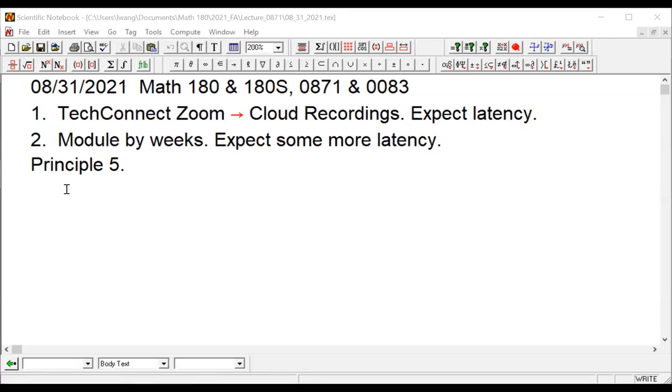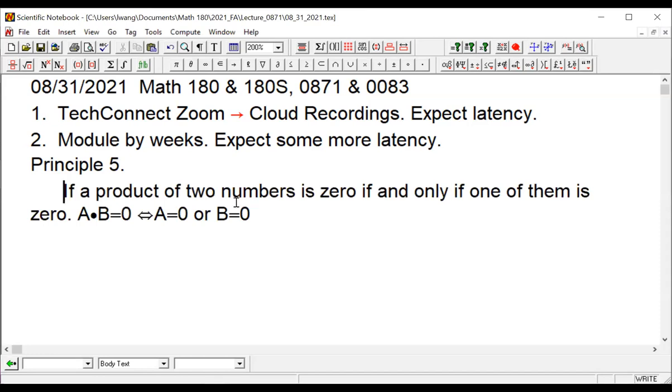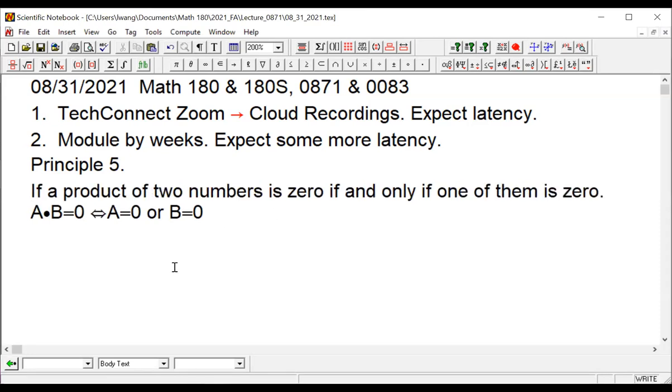Okay, so I'm going to copy and paste number 5 here from the notes. It's a very important principle. I'm sure you have used it before, but if you have forgotten it, it's not a big deal. That's why we're here. We review these principles.